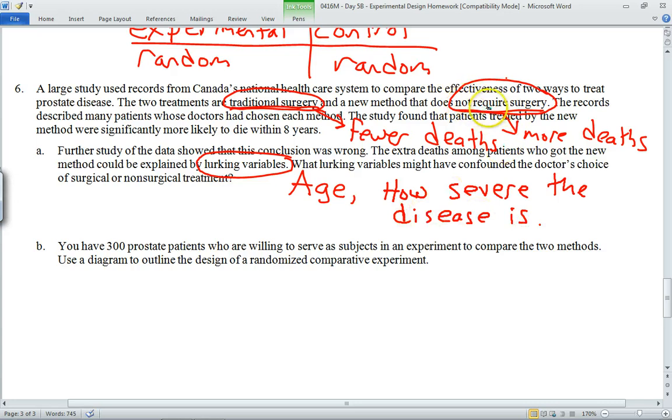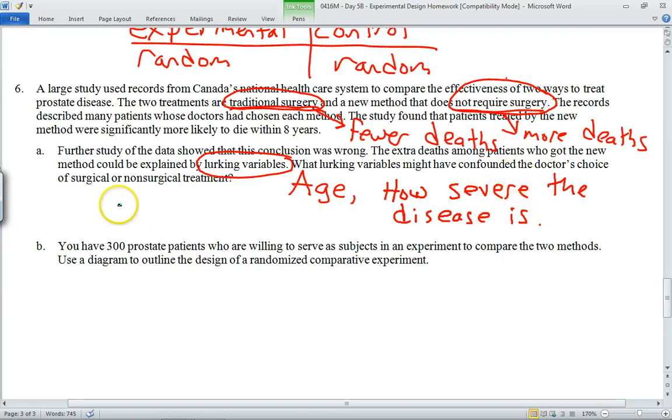If the doctor sees like your disease is extremely bad, then again you might be too fragile for the surgery, and he might feel, or she might feel, that the surgery will kill you. So the doctor might decide not to give you surgery, not because you don't need the surgery, but because you're too weak to survive the surgery. So they try the other method, hoping that it might work.